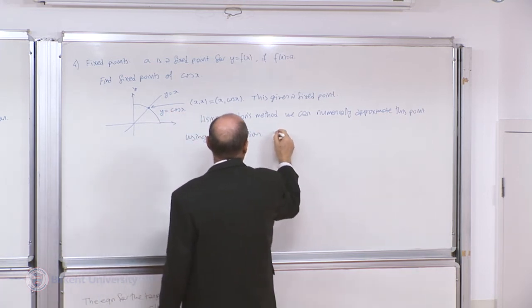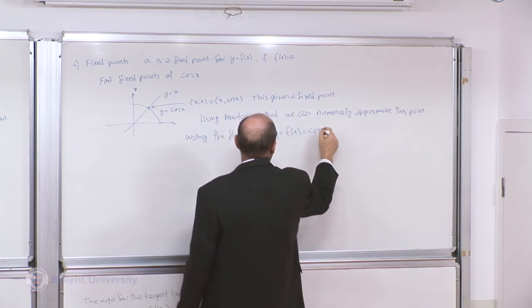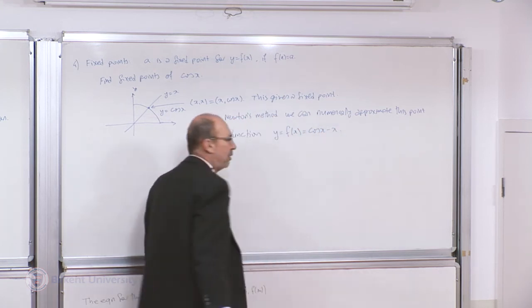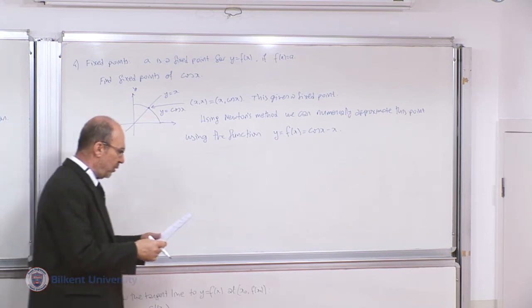Using the function y equals f of x, which we define as cosine x minus x. Okay? So if you find the zeros of this, it will give you this point.